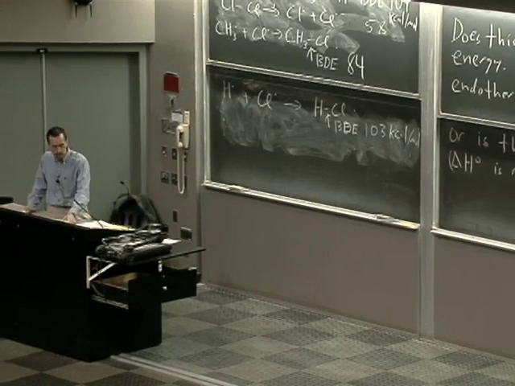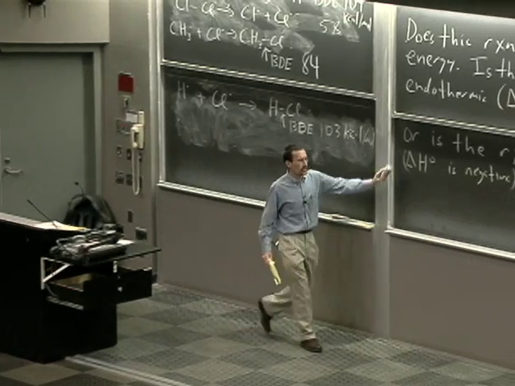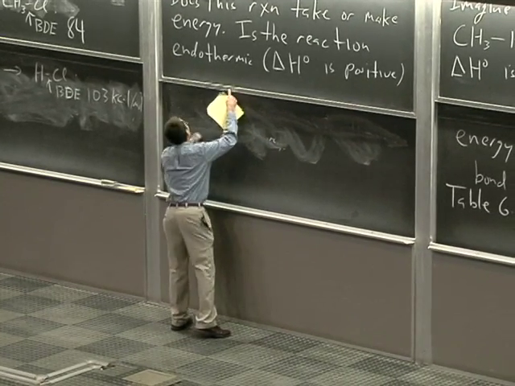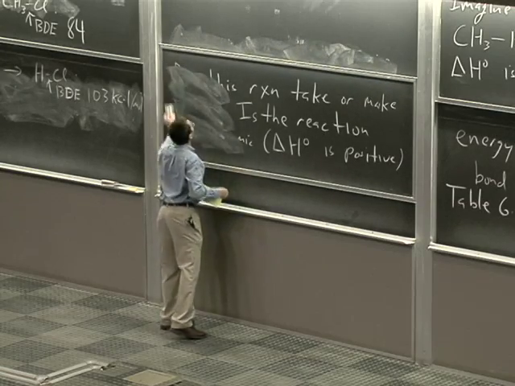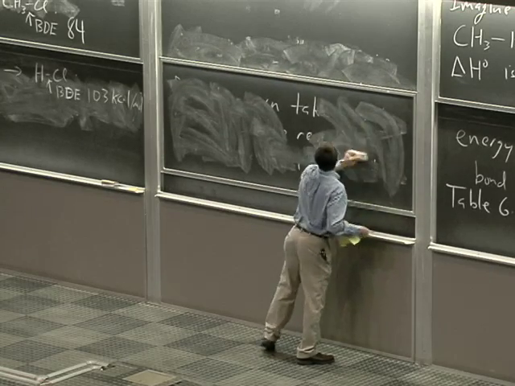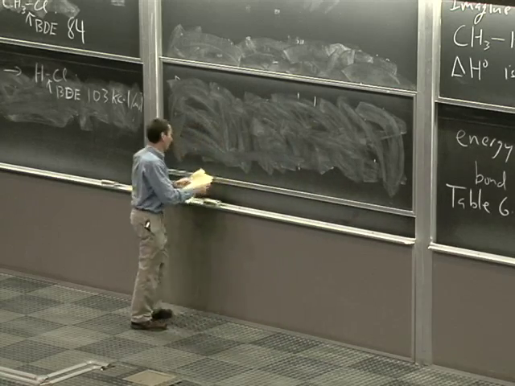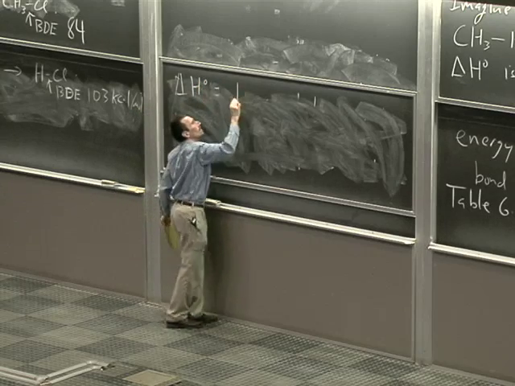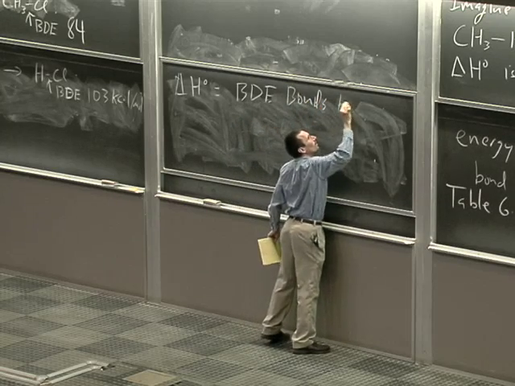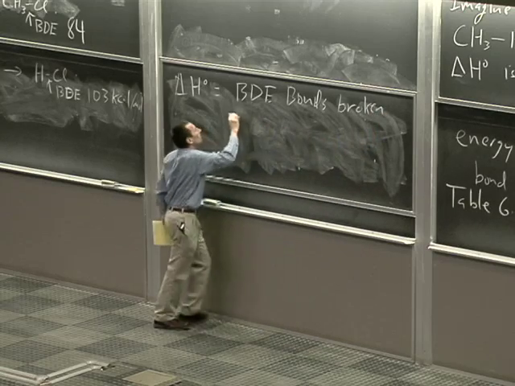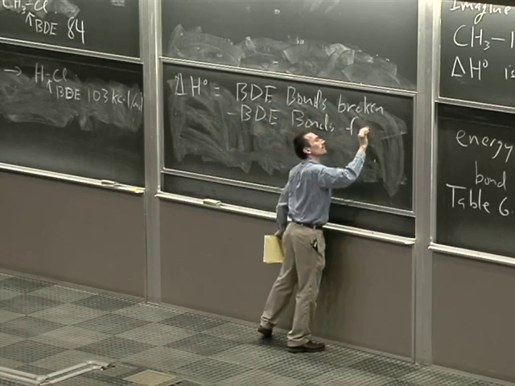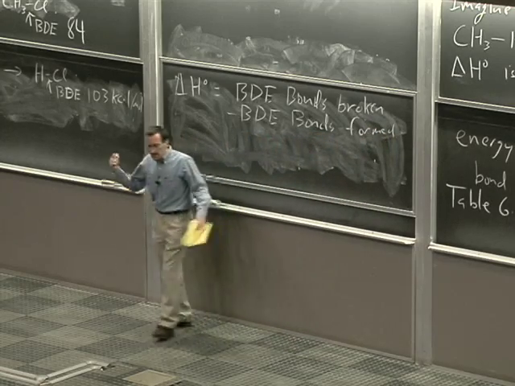And now all we have to realize is that the energy of the reaction is the price we pay in bonds broken minus the rewards that we get in bonds made. That makes sense, right?